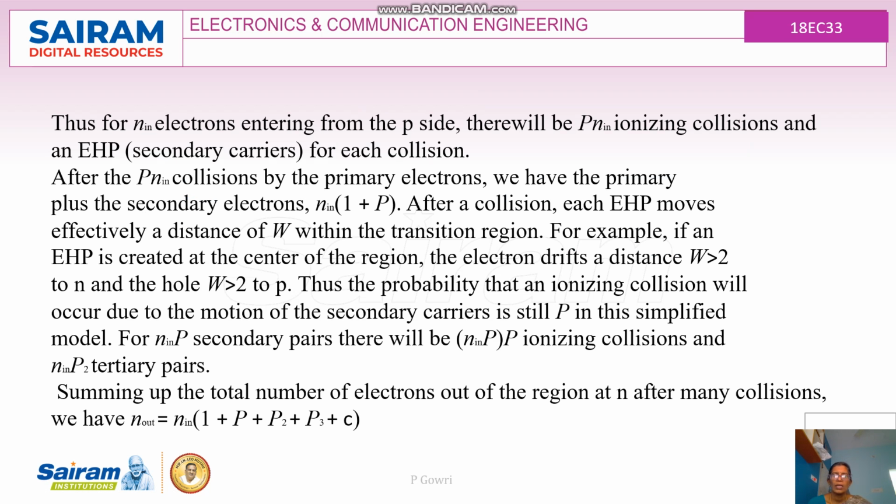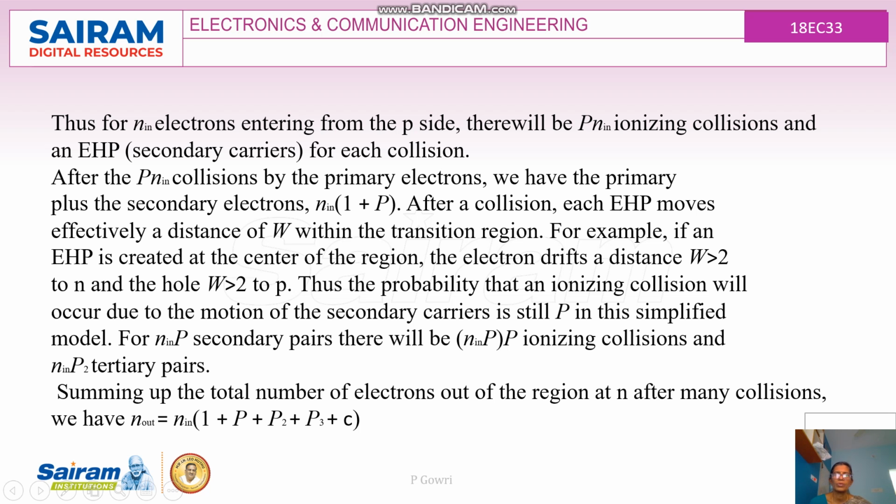So here, how do we arrive at it? We assume that there are n electrons entering from the p side, and these will result in p into n ionizing collisions, with an EHP generated for each collision. So if this process goes on, we will have n into 1 plus p.